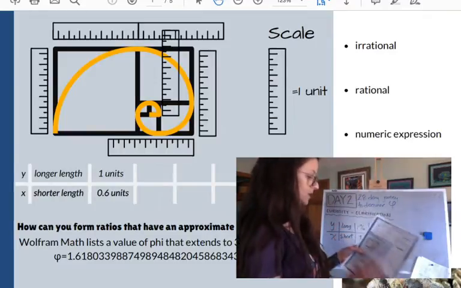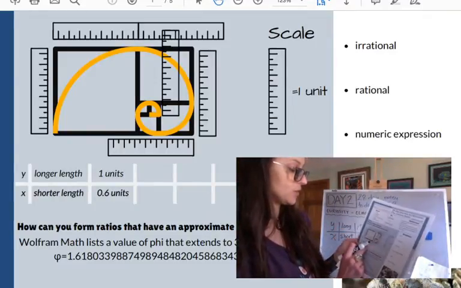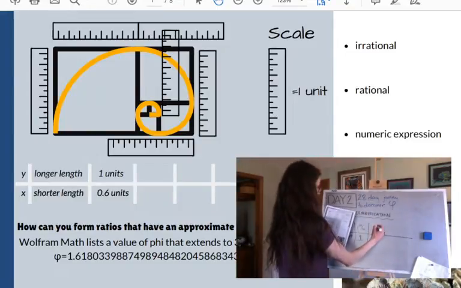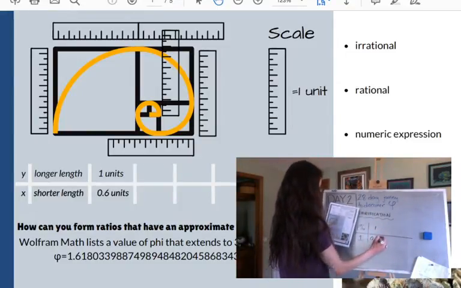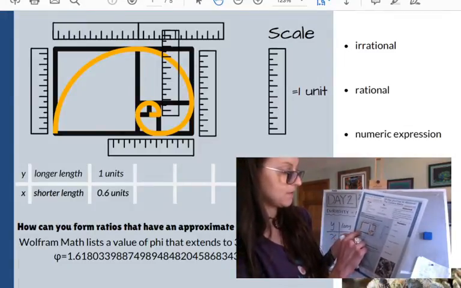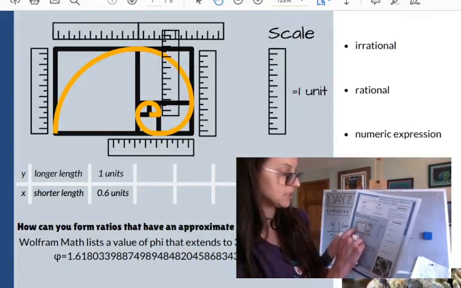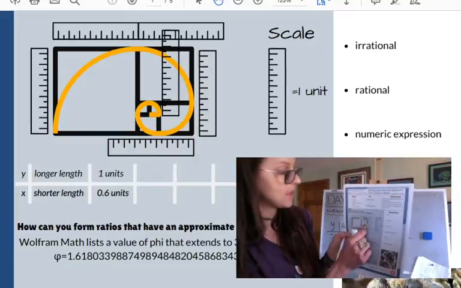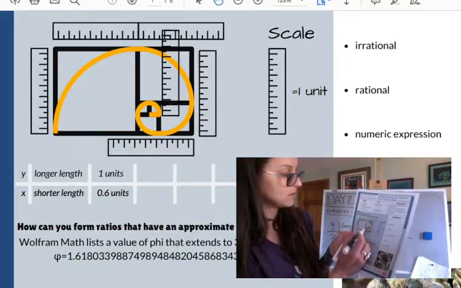The example that I have already on your enhancement is 1 to 0.6. So you can see that if you're considering how you break up the length, this is 1 unit, and then this is about 6/10 of that unit.